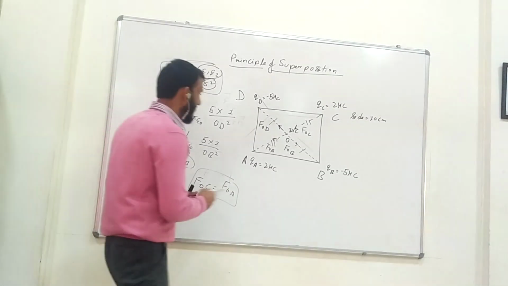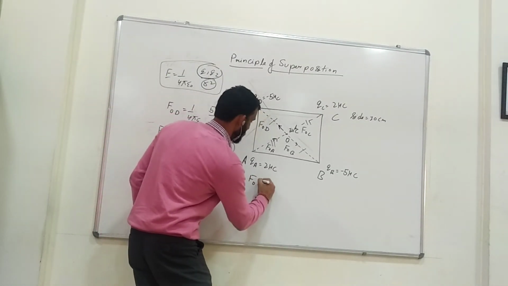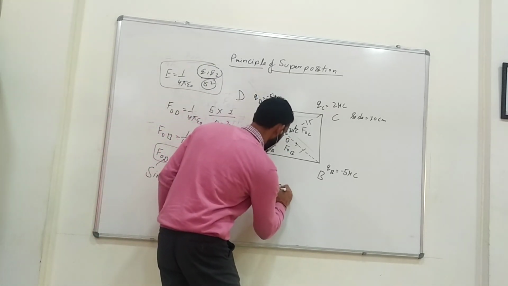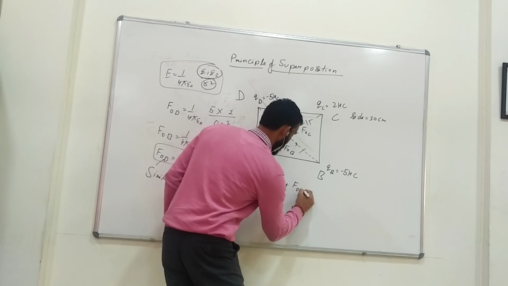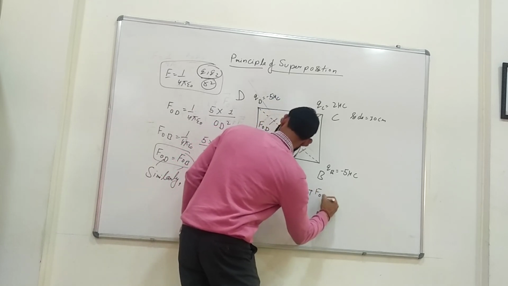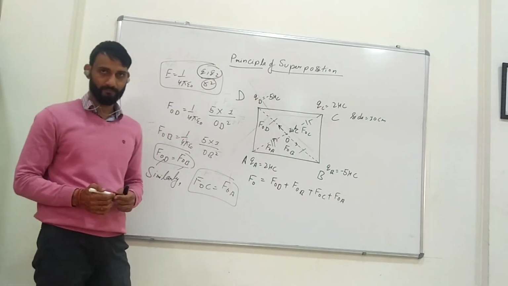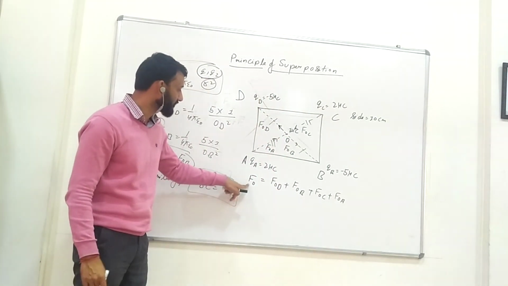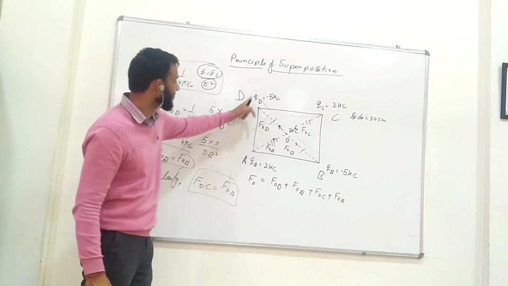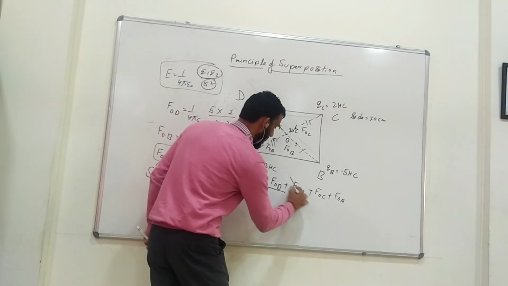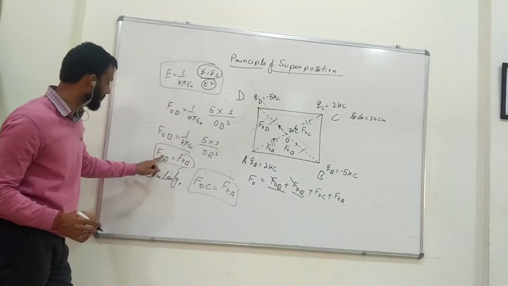So what will be the FO? FO will be FOD plus FOB plus FOC plus FOA. This is according to the principle of superposition, that the resultant force on this charge will be the sum of all these forces. But we know that FOD and FOB are equal and opposite, therefore will cancel out each other.